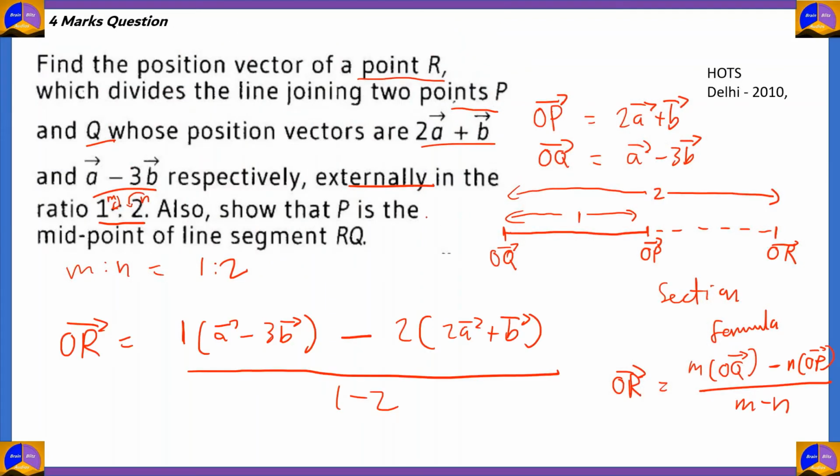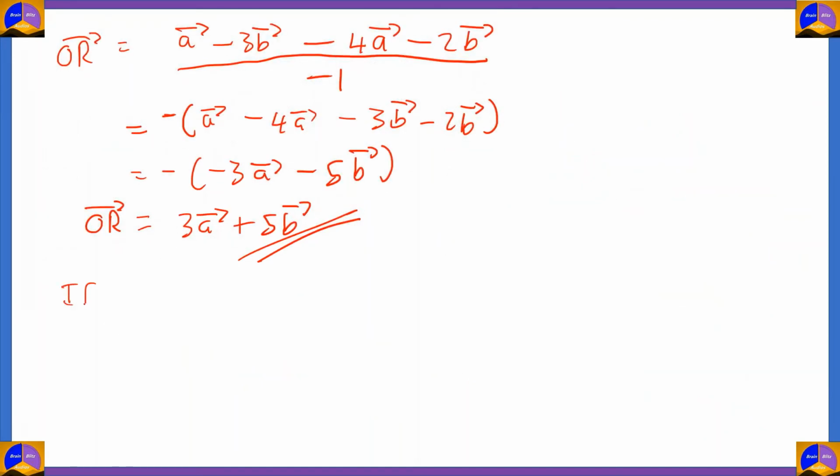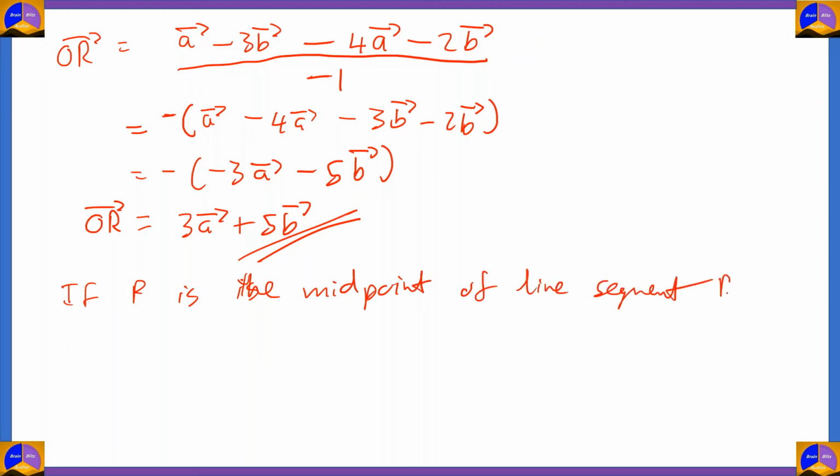Now the next question. We need to show that P is the midpoint of the line segment RQ. If P is the midpoint of line segment RQ, then the vector OP can be written as half of the sum of the vectors OR and OQ.